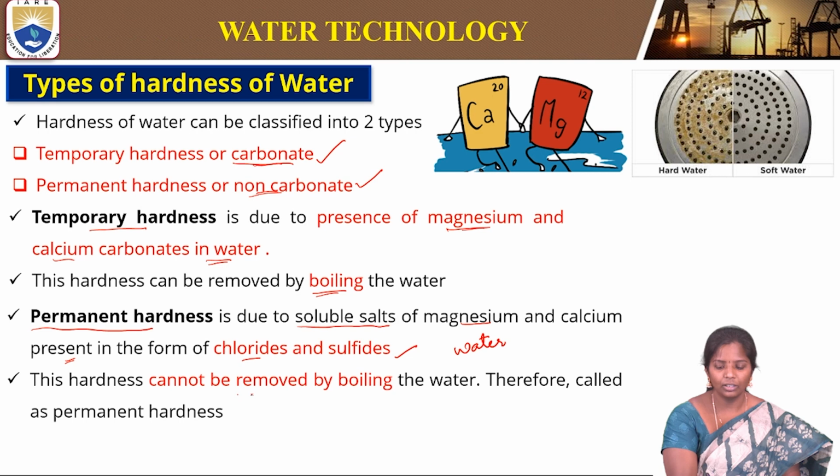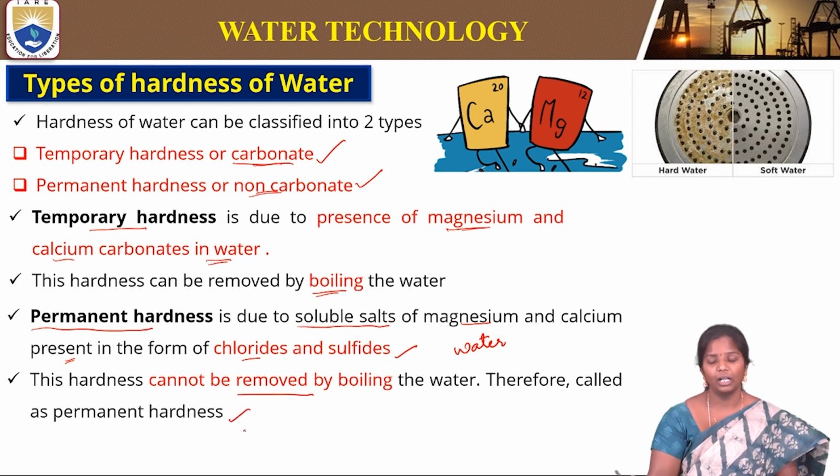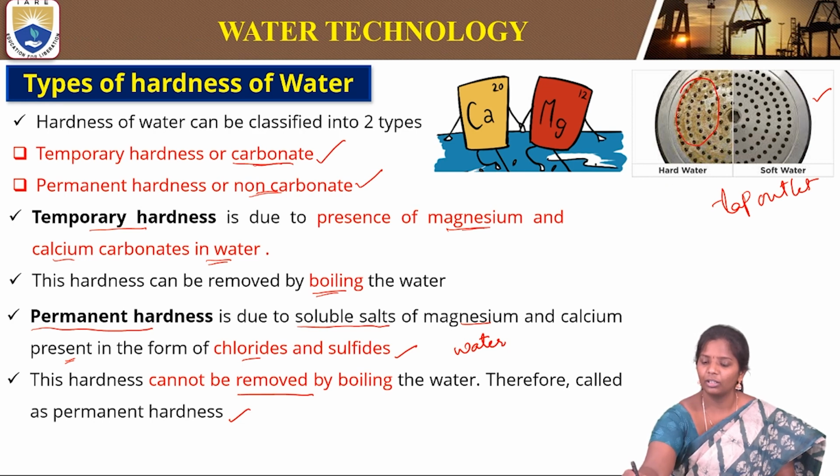This hardness cannot be removed by simple boiling, therefore it is called permanent hardness. If we see some vessels or a tap outlet, if we use hard water, this is how it will get accumulated with the salts. And if you use soft water, this is how it will be clean and can be used for a longer time.